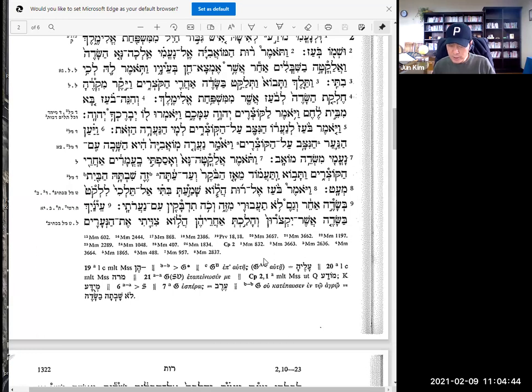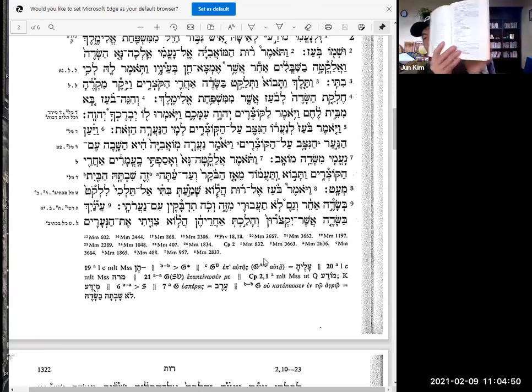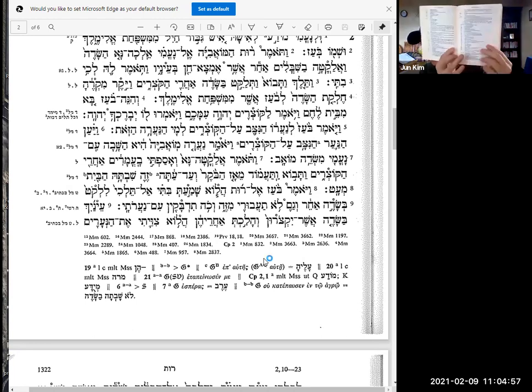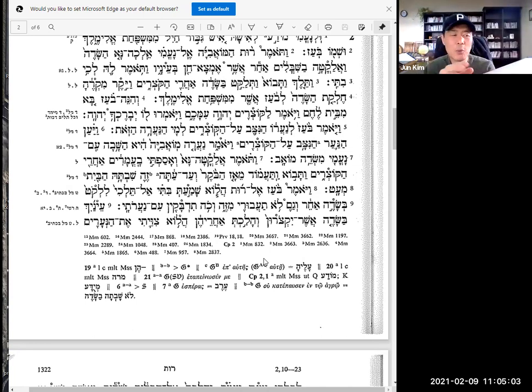Like on the prolegomena, can you see me? You have a lot of pages in the beginning. Then you can see one of the pages providing all those information, and this one page is all about the different Greek versions.